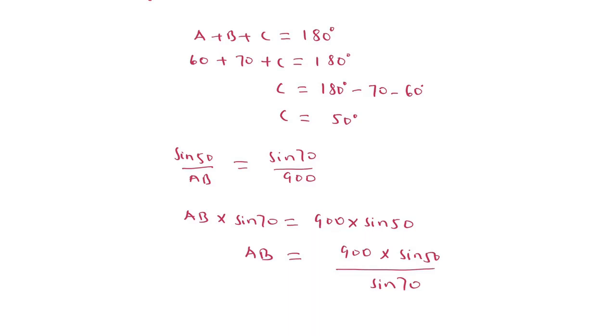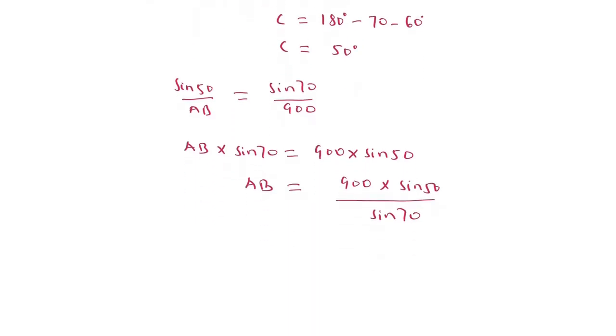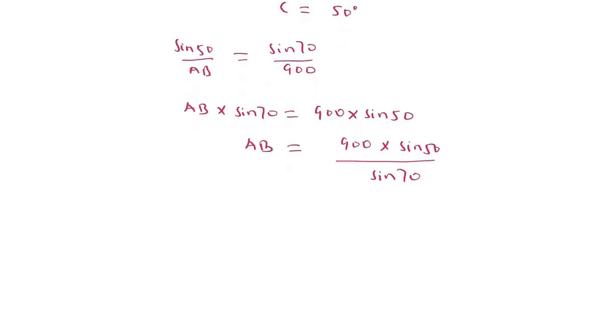Okay, so from the table, sine 50 equals 0.766, and sine 70 equals 0.9397. Then let us substitute these values.